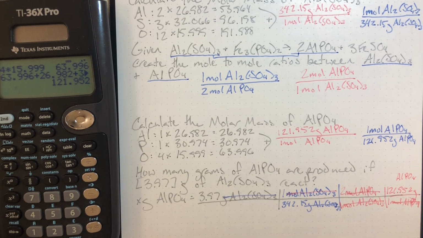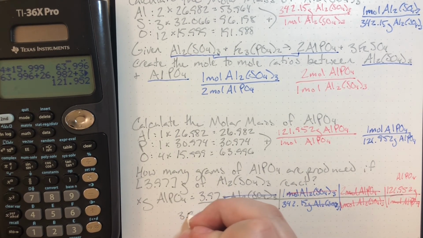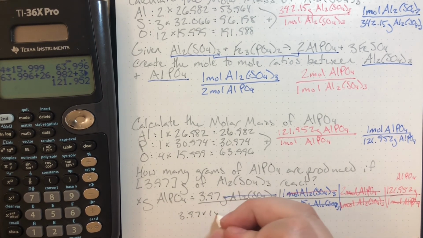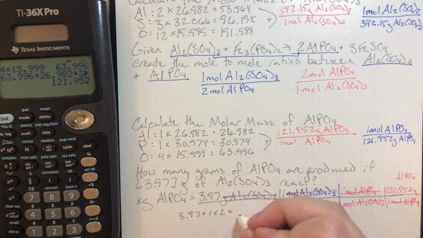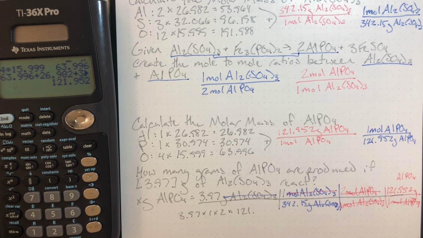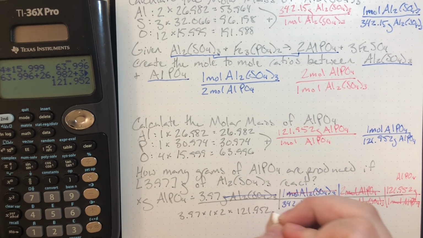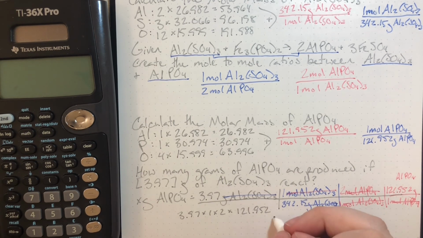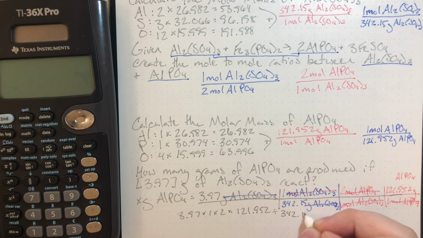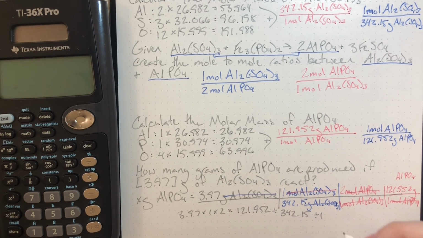I will be multiplying everything that is in the numerator, so I will have 3.97 times 1 times 2 times 121.952, and I will be dividing by everything in the denominator. So I'll be dividing by 342.15, 1, and 1.